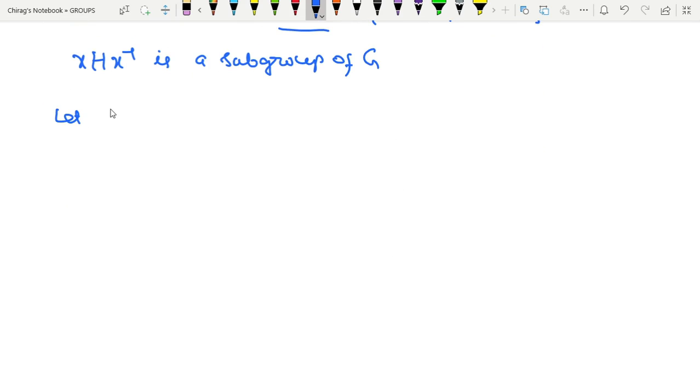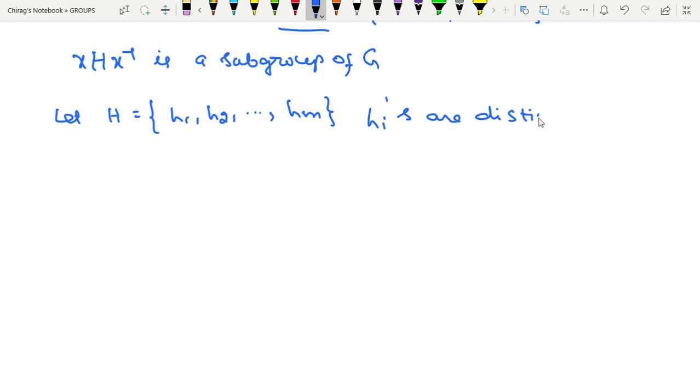Let H be equal to the elements h1, h2, etc., hm. Because the order of H is equal to m, therefore we can take H equal to h1, h2, etc., hm. Now these elements are distinct. So the hi's are distinct.